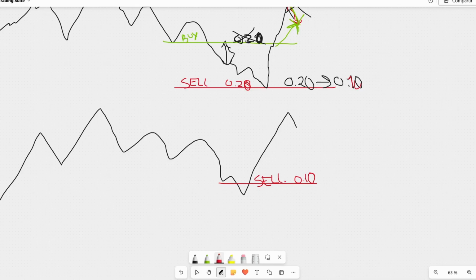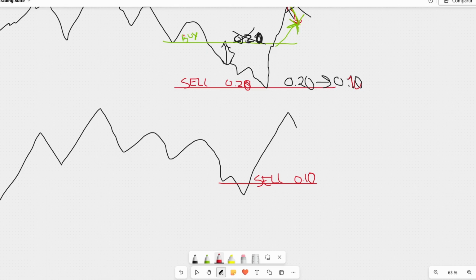Of course, this is not an easy strategy. This is not a simple and fast make-you-rich-quick strategy. But look how we're reducing our drawdown. Look how we're reducing our lot sizes. Look how we play with trades, with buy, with sell.